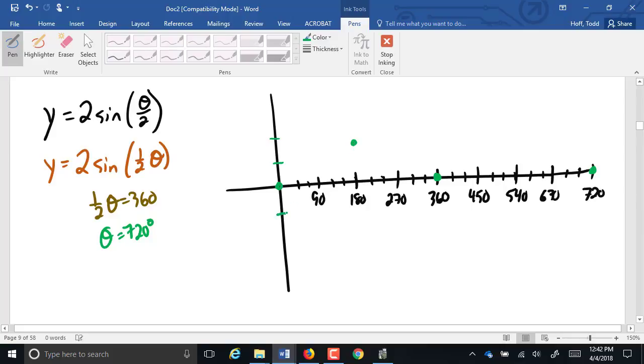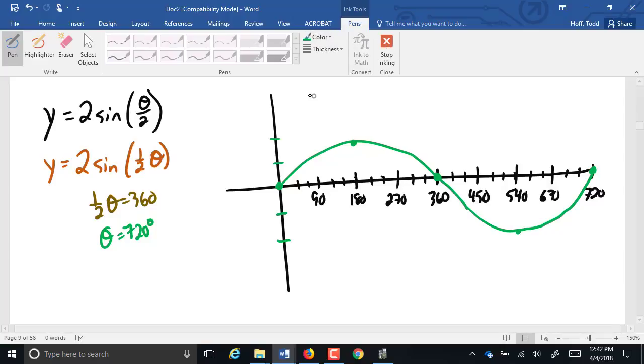And then our first trough, which will be at -2 because it's an amplitude of 2, will be at 540. So it just gives us a really stretched out sine wave. What do you guys think? Not so bad? Okay.